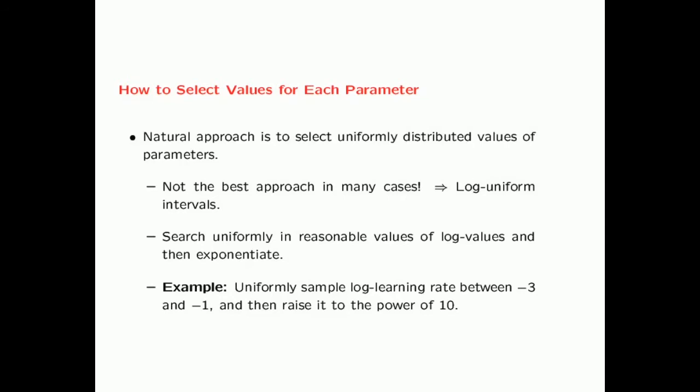Here you search uniformly over reasonable values of the log and then you exponentiate. For example, let's say you decide that for your learning rate, the reasonable value is somewhere between 10 to the power minus 3 and 10 to the power minus 1. You uniformly sample the log learning rate between minus 3 and minus 1, and then whatever value you sample, you raise 10 to that power.